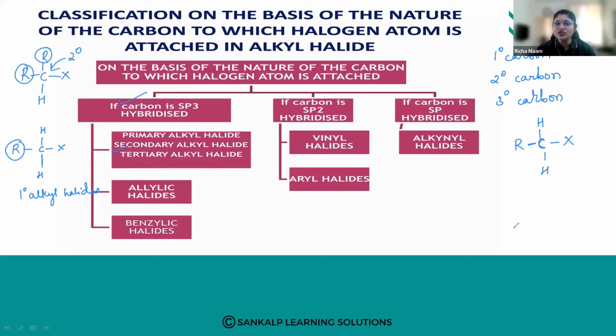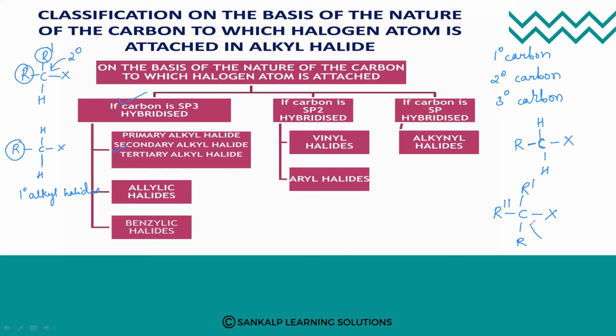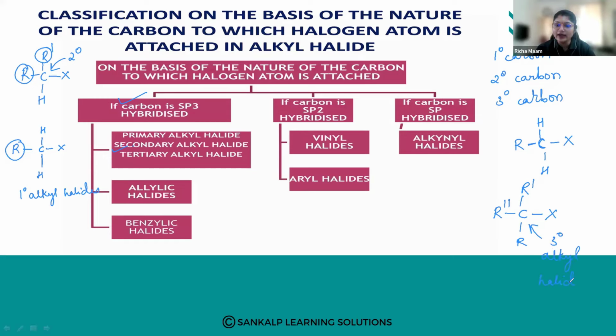Now what do you mean by tertiary? Tertiary means your halogen atom is attached to a carbon which has three alkyl groups. It is called a tertiary carbon, and it is a tertiary alkyl halide. Why alkyl halide?